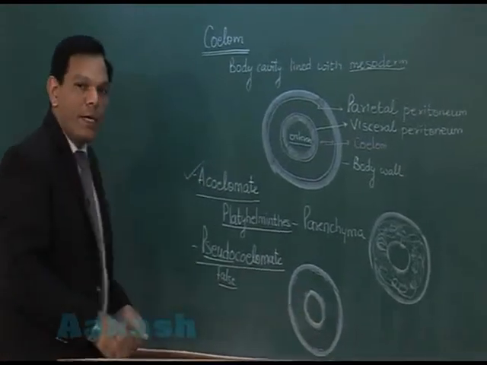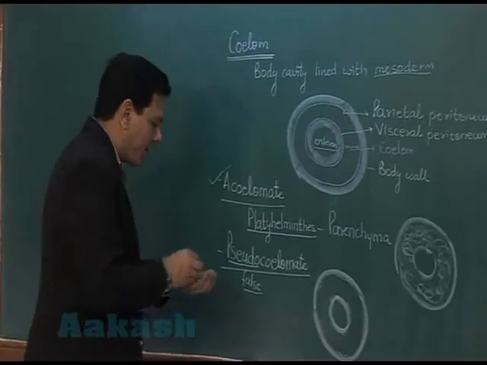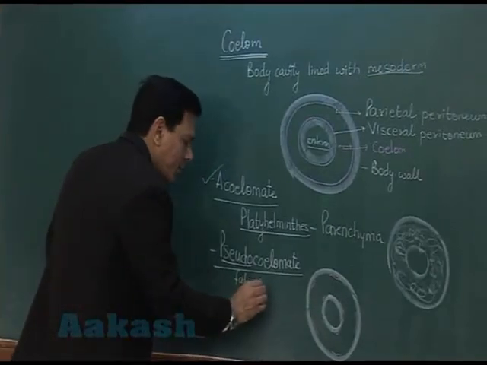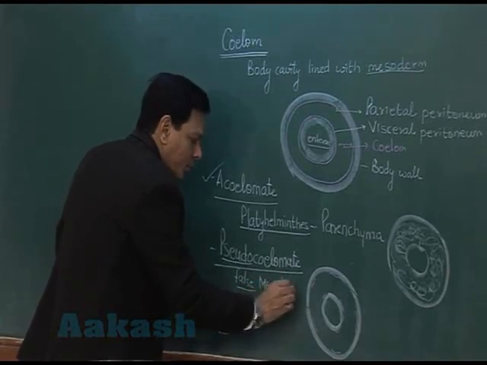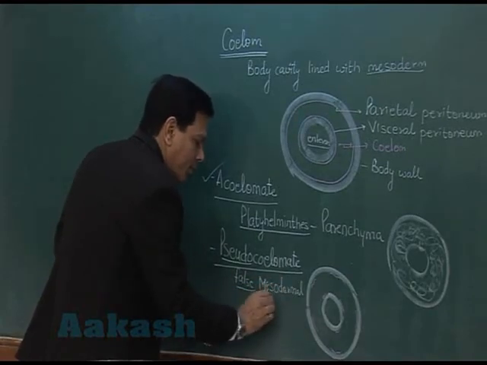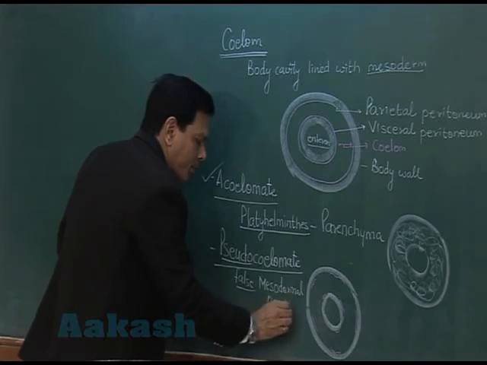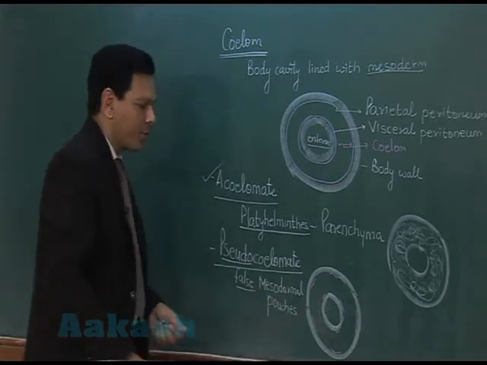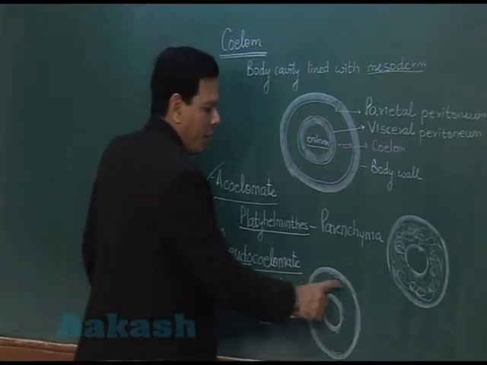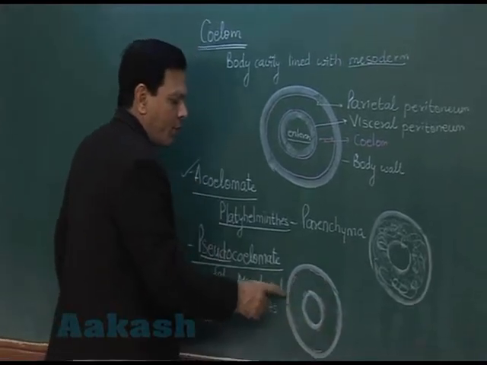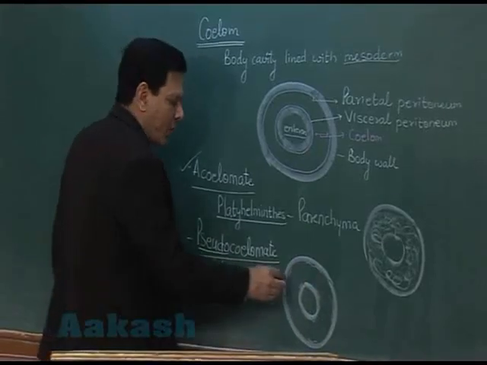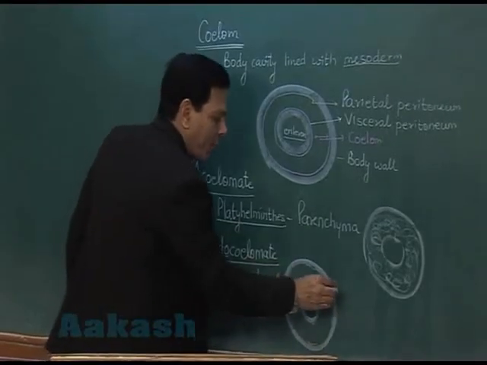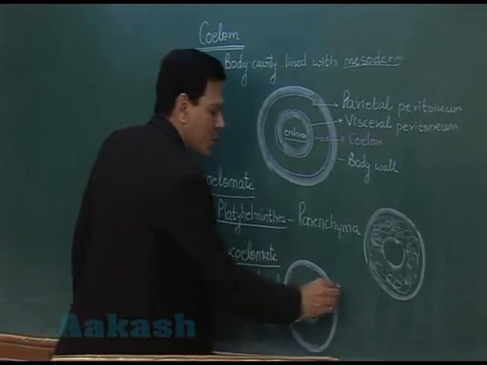So it is not completely lined with the mesoderm, or we can say mesodermal pouches are present. So this cavity is not completely lined with the mesoderm, but it has patches of the mesoderm in between. So this type of cavity we'll call the pseudocoel.